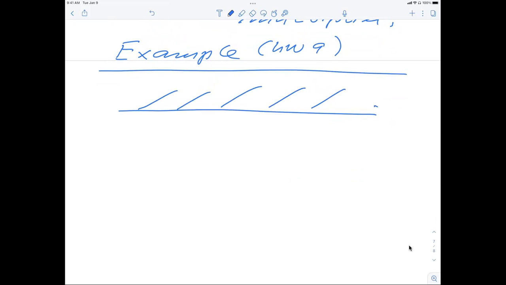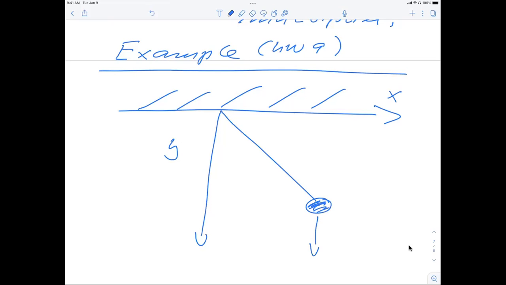We have the x-axis in this direction, and then the y-axis here. In this case, it's going to be more convenient to express everything in terms of polar coordinates. So we have the pendulum here. It has a specific mass. We have the gravitational force F here. There is a tension here, which acts on the rod. Let's call this T. And some time ago, we actually derived these equations of motion.